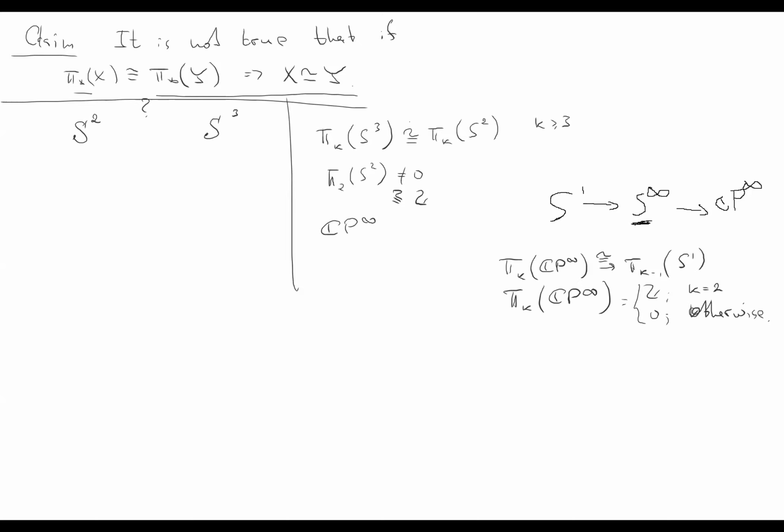I want to construct a space with the same homotopy groups as S2, but not S2. So what is the second space?